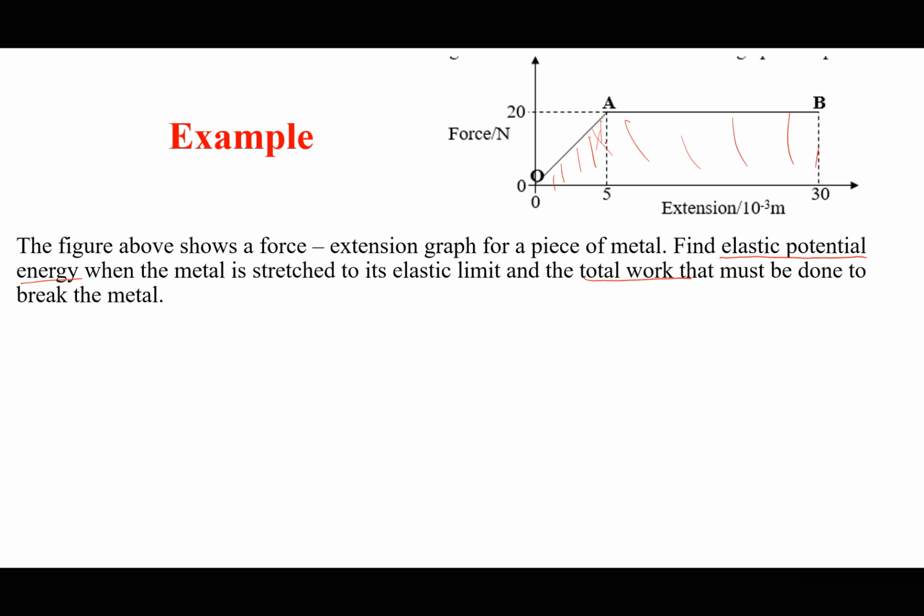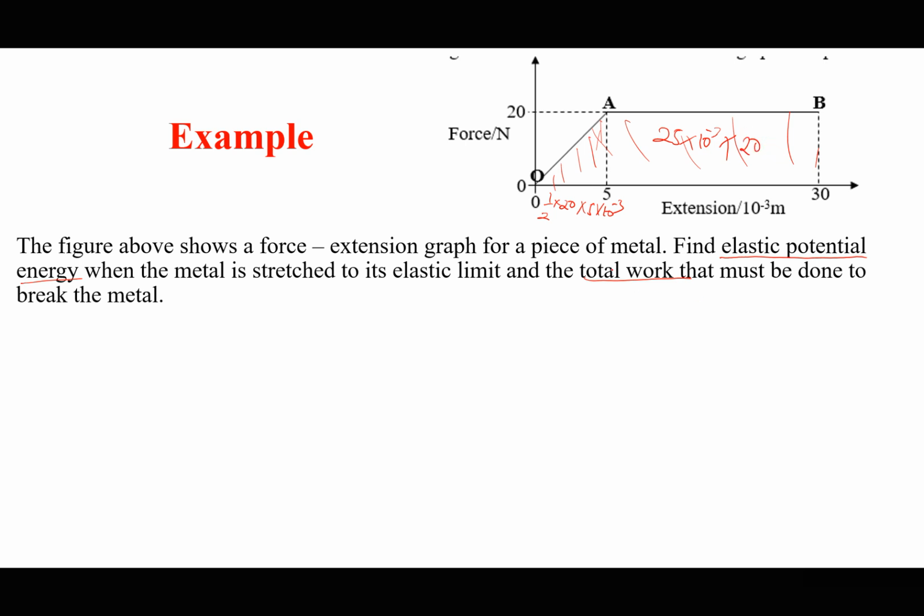This is a triangle, so this is going to be half times F times the vertical height, times 5 times 10 to the power of minus 3. That is the elastic potential energy. For total work done, this is a rectangle, so 30 minus 5 is 25, 25 times 10 to the power of minus 3, times the vertical, which is 20.